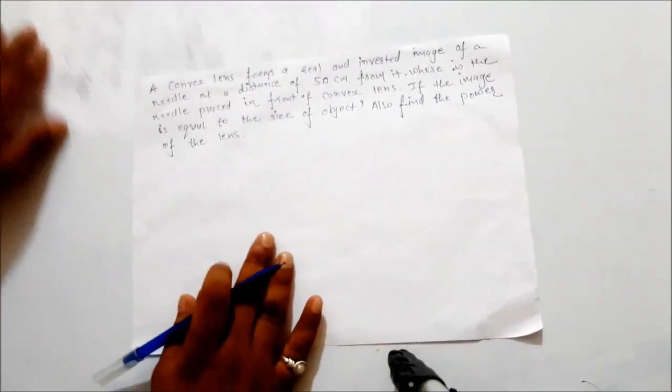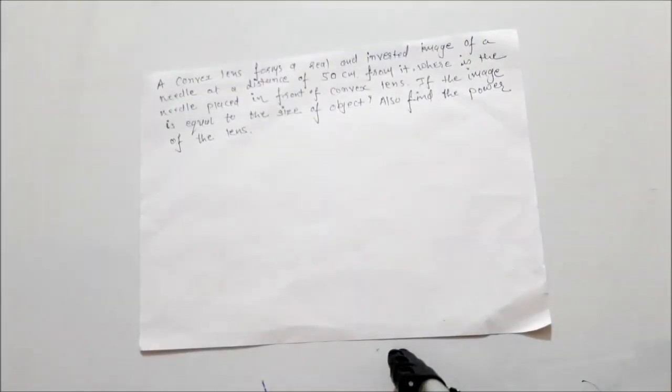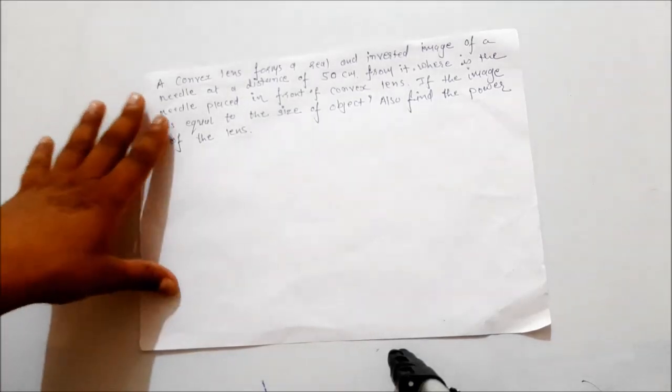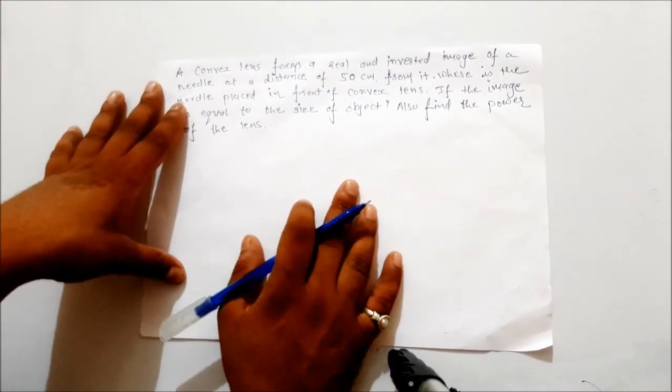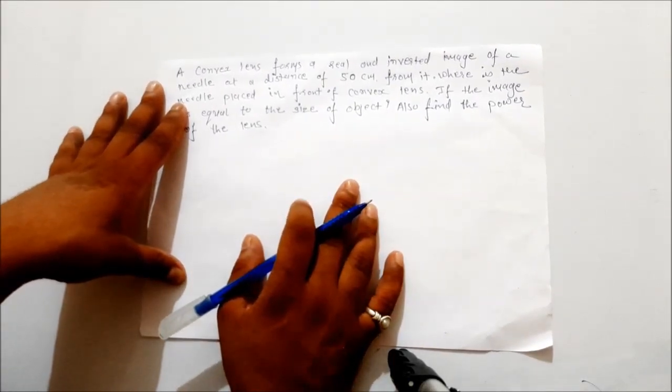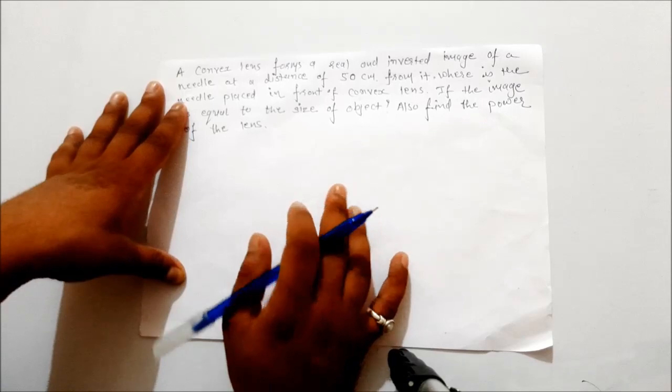Now let's see another example, right? And this will be the last example which we are going to discuss for this chapter. Rest of the examples will be provided to you in assignment. So you are going to solve those sums by your own.